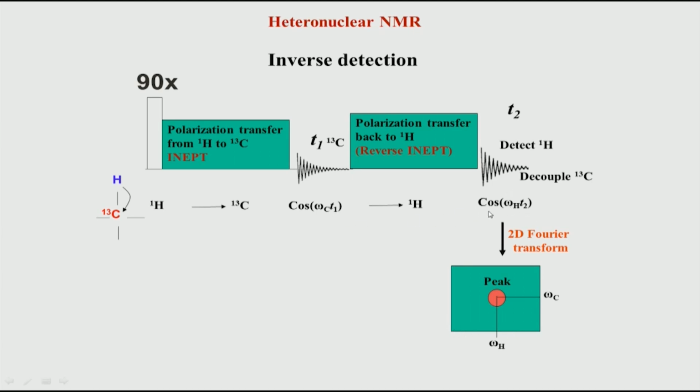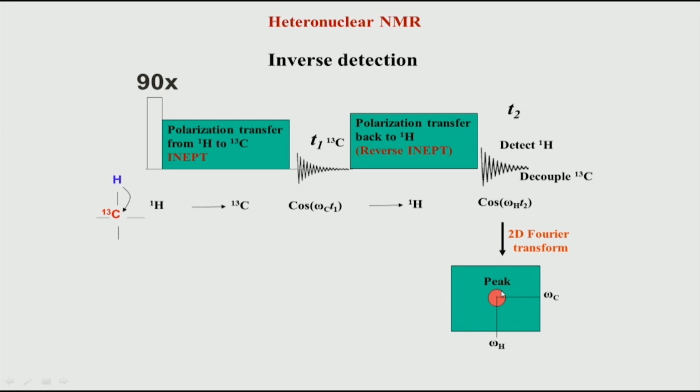But of any hydrogen connected to carbon, only those hydrogen-carbon pairs which are connected to each other by J coupling, that is by bond, will show a cross peak.